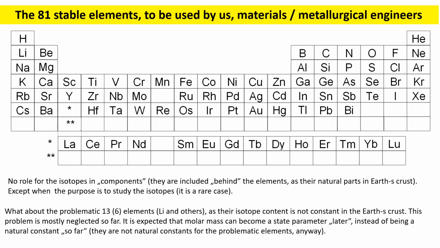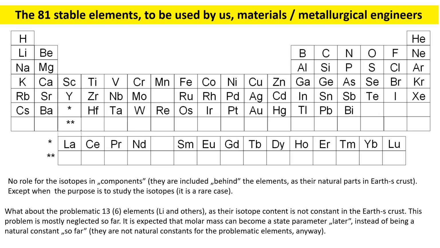Because in different parts of the Earth crust we find different isotope contents. So now we have a problem here. I can tell you that to my best knowledge at the moment, which is spring 2020, this problem is mostly neglected by the CALPHAD community.